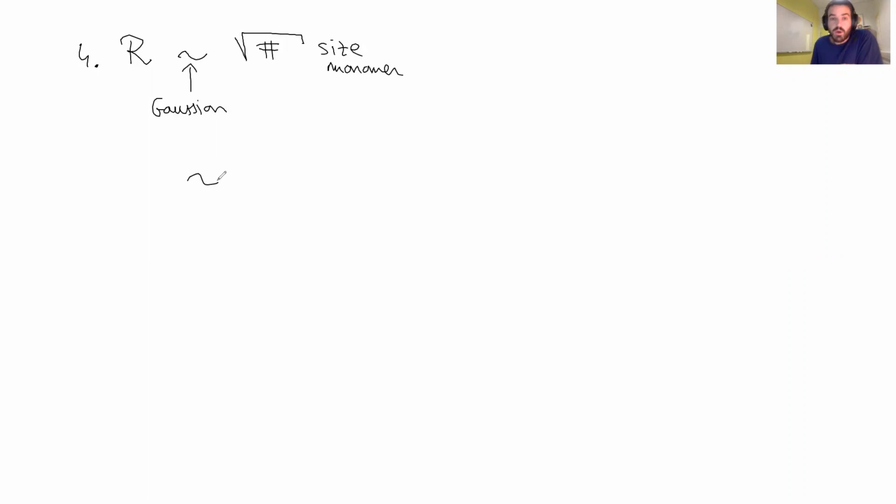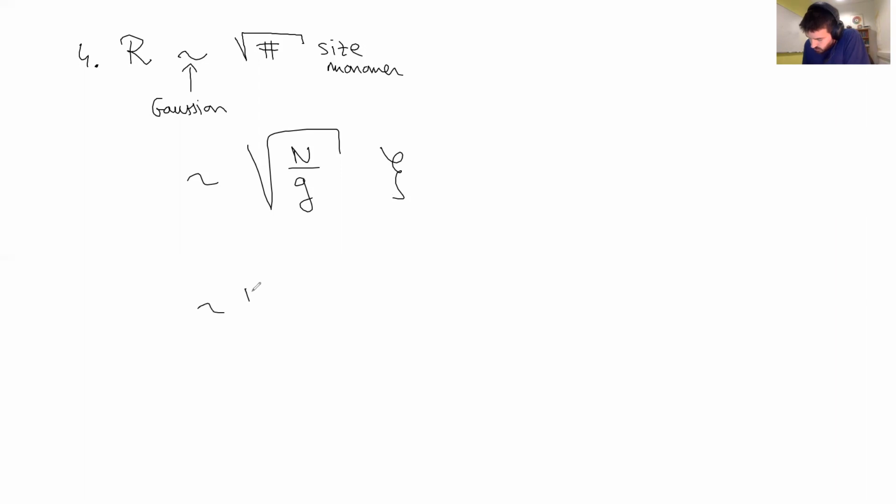So the number of objects is the real number of monomers, but divided by g, the number of monomers inside one blob. So I have this quantity. Inside, you have the number of blobs in one chain, okay? And you multiply this by an effective monomer size, which is psi, the size of a blob, all right?